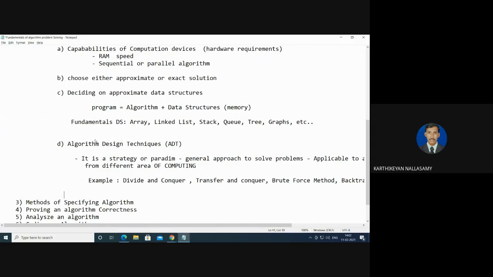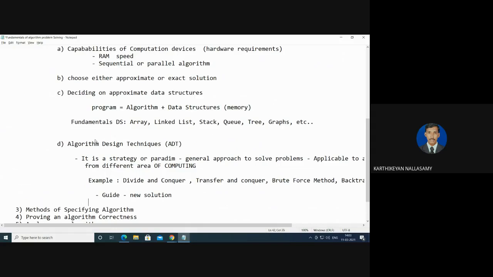The ADT guides us to find a solution for any new problem, any kind of problem.